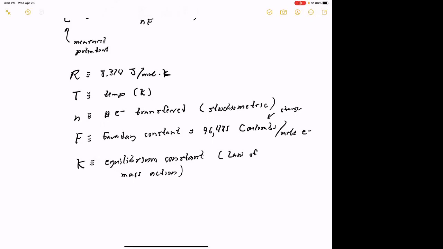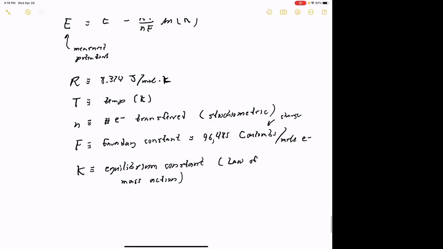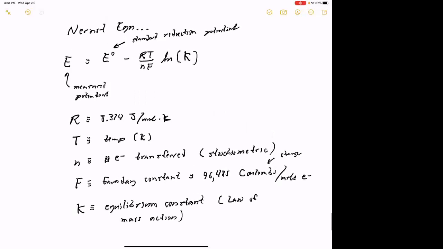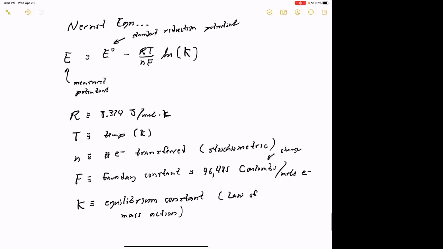All right, so how does this work? Well, what we end up doing, and this is what we'll come back and do on Monday, is apply the Nernst equation individually to half reactions. So I can use the Nernst equation to get a potential, a measured potential if you will, under non-standard conditions for any half reaction.